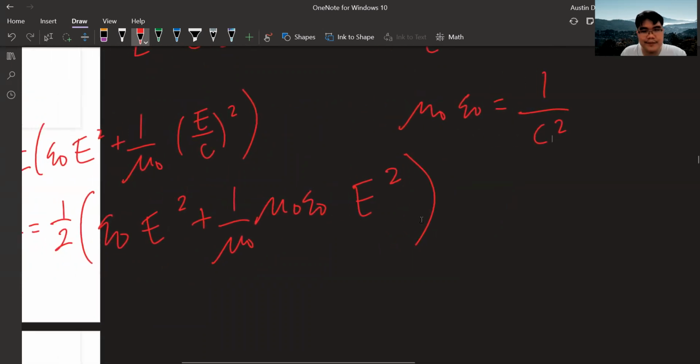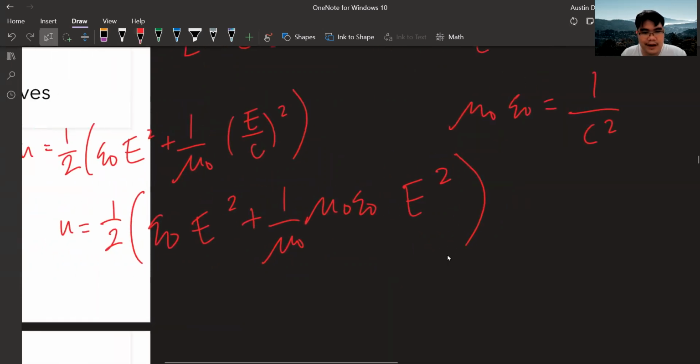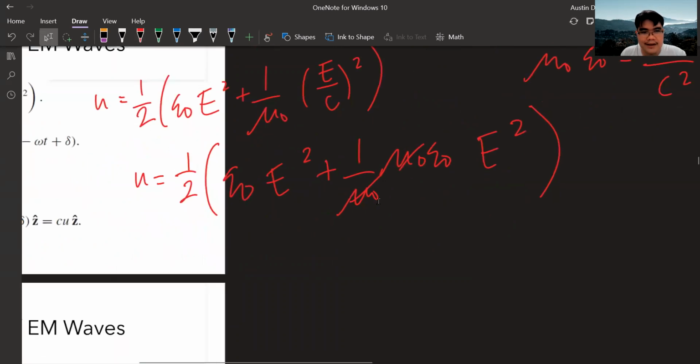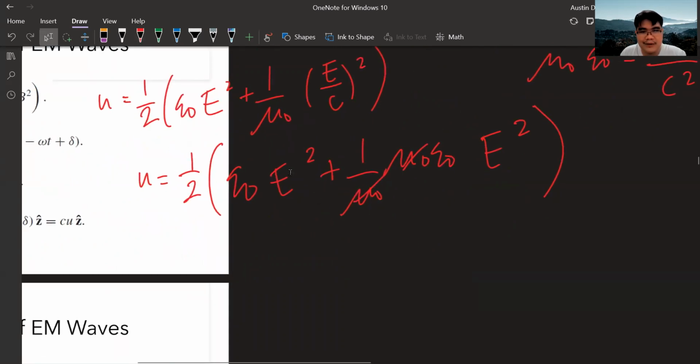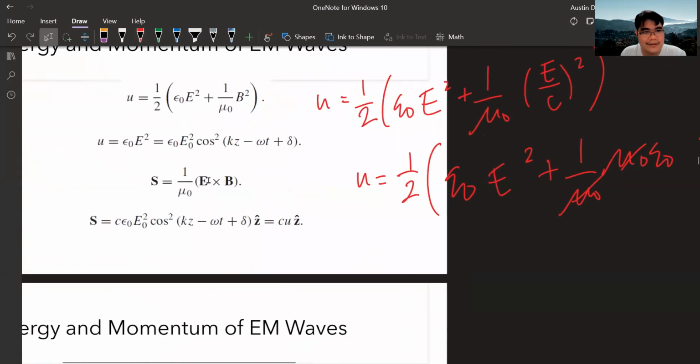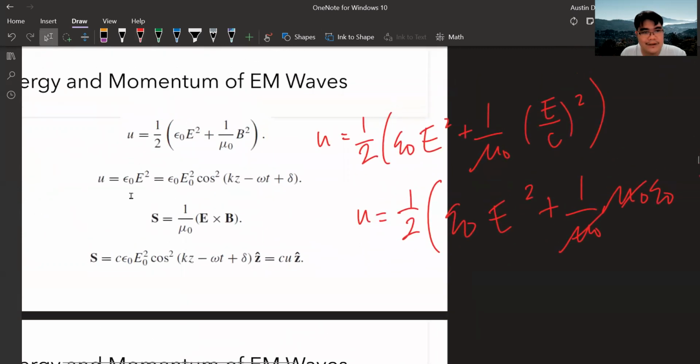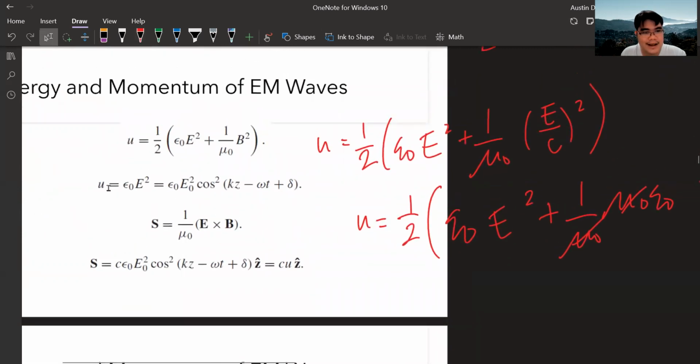Okay? So, cancel yung mu naught, then mawawala na yung 1/2. Therefore, you have your U, the energy density, in terms of the electric field, epsilon naught E squared. No? Ngayon na lang matitira, epsilon naught E squared. It's nice.